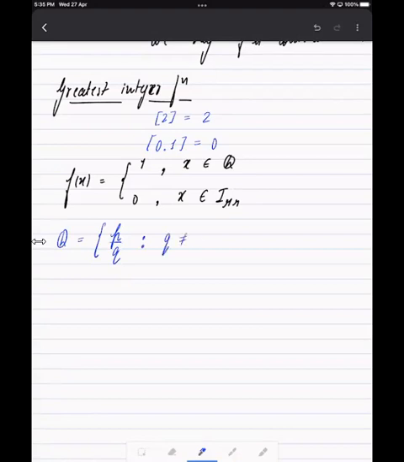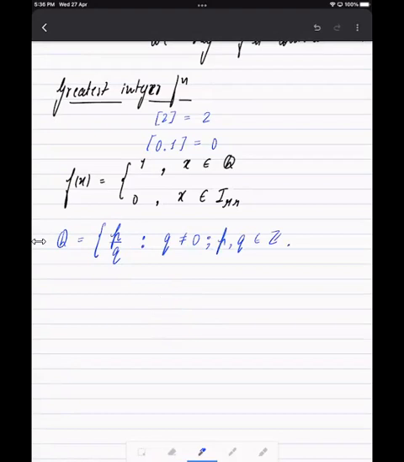Anything else? P and Q should be integers first of all. I can't write root 2 by 1. So P and Q belong to integers.